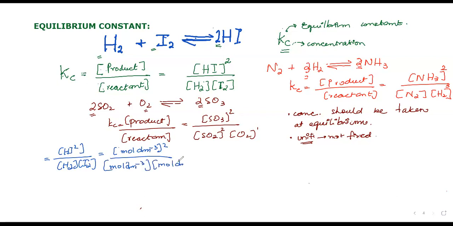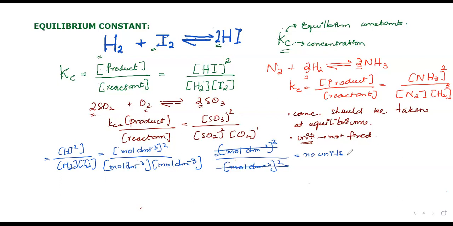In this particular case, this expression is easy. Why is it easy? Because everything cancels out. At the numerator, we have mole dm^-3 squared. At the denominator, again, we have mole dm^-3, mole dm^-3, so this is also getting squared. So we can cancel it out and the value of Kc will have no units.